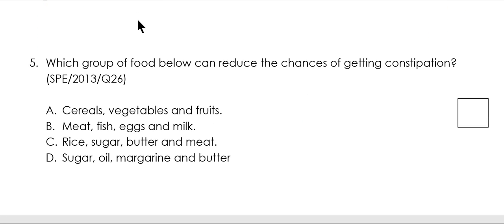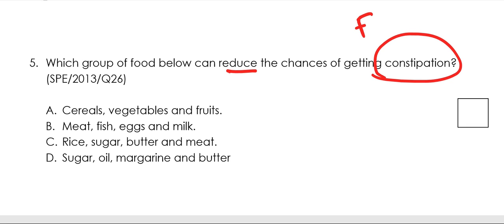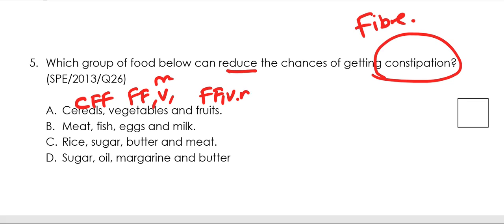Which group of food below can reduce chances of getting constipation? So we are looking at fiber here. Cereals, so carbohydrate, maybe fiber too, and then we have fiber here. And fruits: fiber, vitamins, minerals. So you can see that the questions kind of repeat themselves, but in a different format.